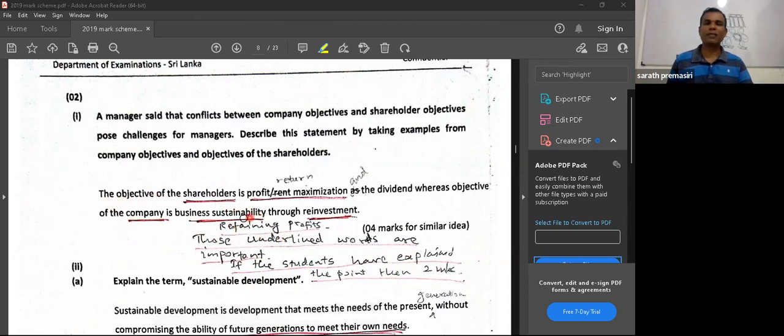Now, please write down this sentence. The objective of the shareholder is profit or return maximization, and dividend maximization.